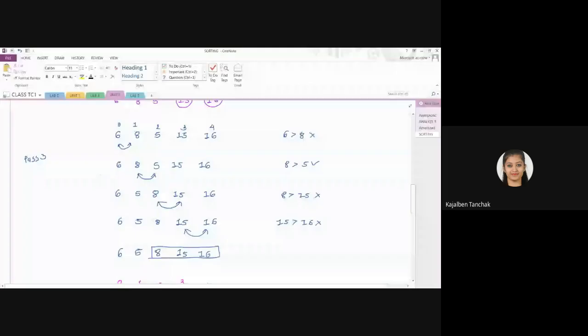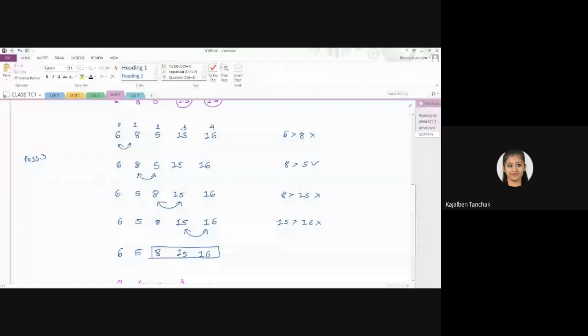So here we will start the number of i's starting from 0, right? So here your pass number 1 is i equals to 0. Here i is equals to 1. Here it is i equals to 2.